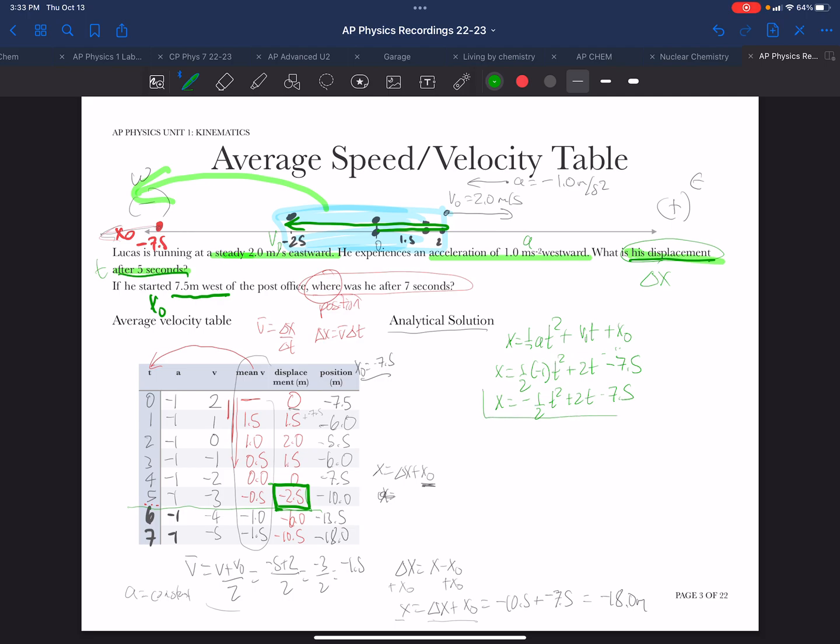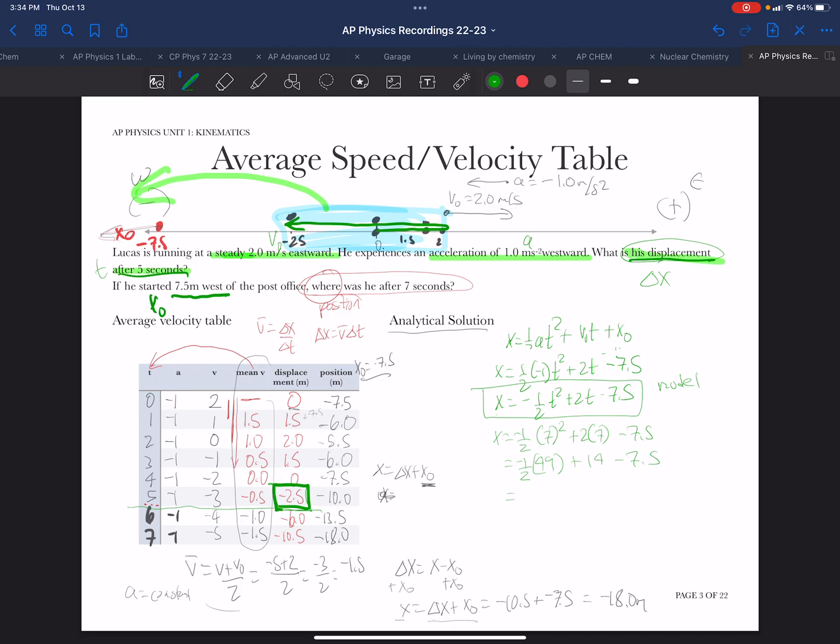So this is our mathematical model for the motion that will give us the position for any value of time. So we have x is -1/2 times 7 squared plus 2 times 7 minus 7.5. So we have -1/2 of 49 plus 14 minus 7.5.